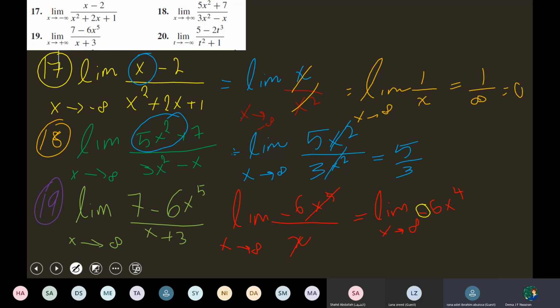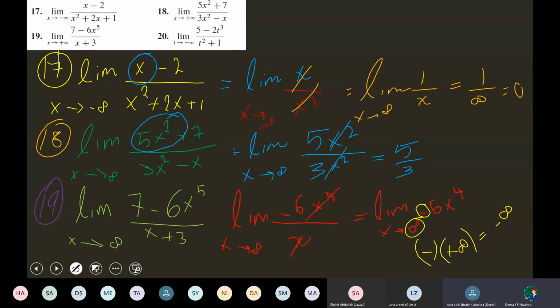Here now, what is the sign of the negative 6? It is negative. And here I have positive infinity raised to a power, so even or odd, the answer is positive infinity. Because the sign of 6 is negative, and I evaluate x instead of x to the power 4, you will get positive infinity, so the answer will be negative infinity.